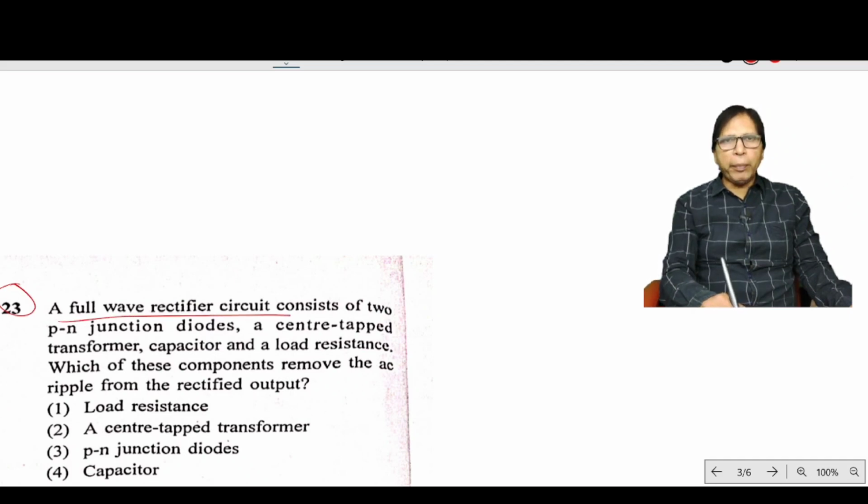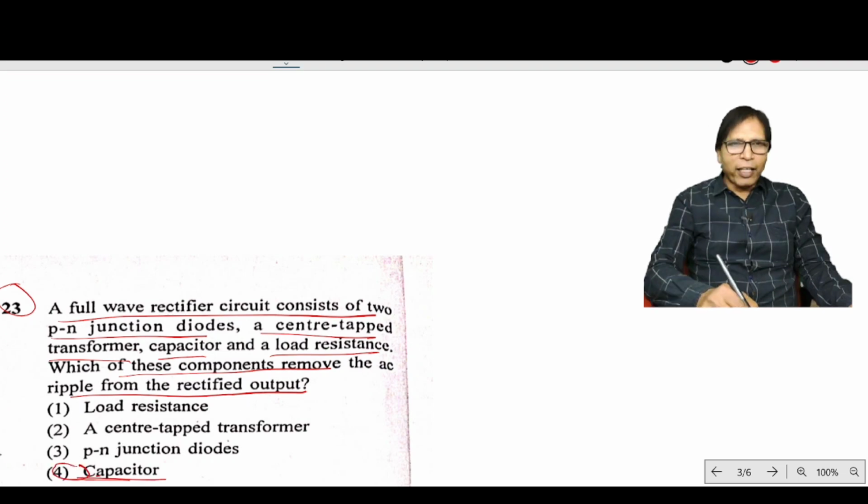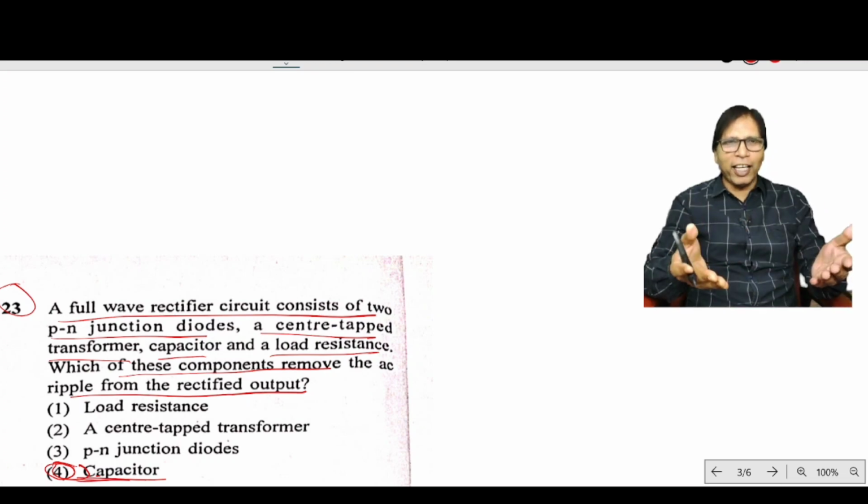A full wave rectifier circuit consists of two p-n junction diodes, a center tapped transformer, a capacitor, and a load resistance. Which of these components removes the AC ripple from the rectifier's output? Only the capacitor. Now look at option 4: here the capacitor only reduces the ripple in the output voltage.